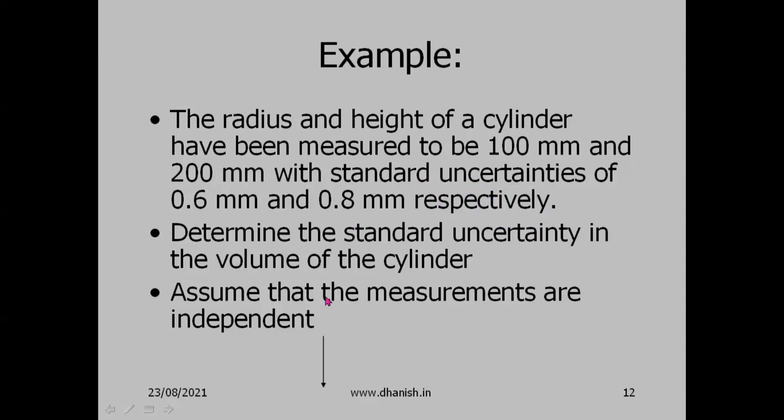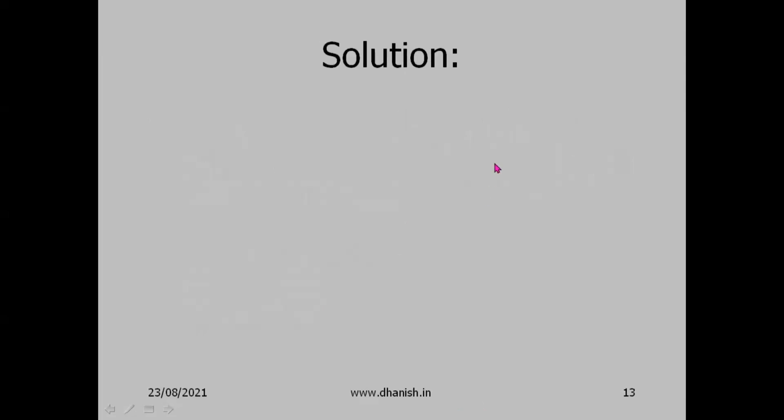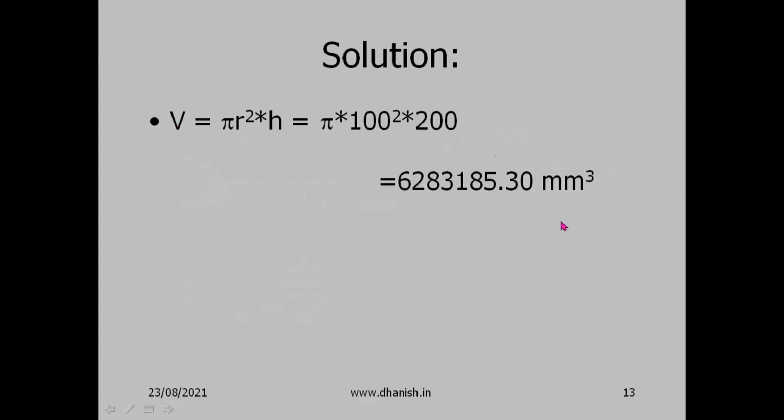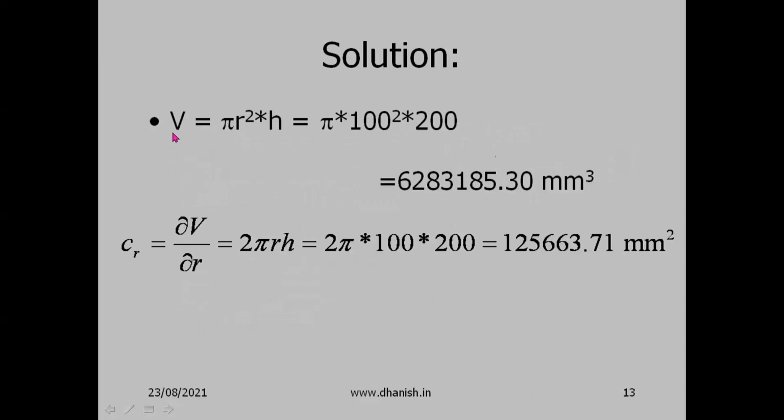So we have to determine the standard uncertainty in the volume of the cylinder. This is also what you have learned in calculus, except that we are calling it standard uncertainty. Instead of error in volume, it will be standard uncertainty in volume. So volume equal to pi r square h, you can calculate easily. Now the partial derivative of volume with respect to radius is 2 pi r h.